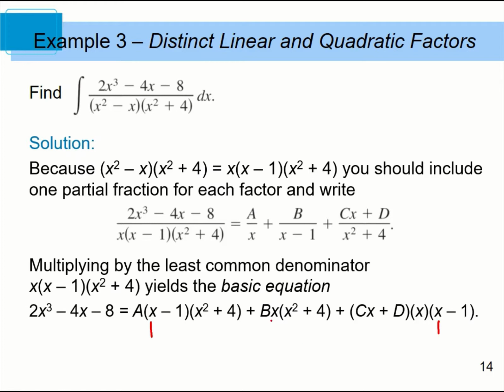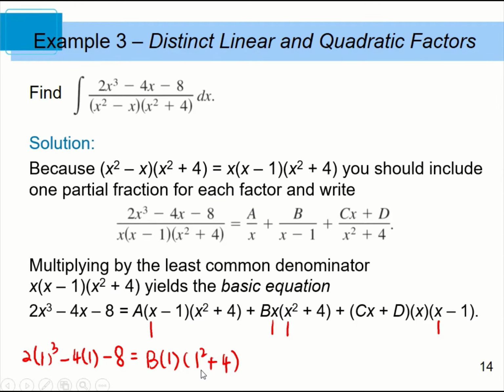The second term here, when the x is 1, does not affect it. So we can let the x be 1 to find the B. On the left-hand side here, now we have 2 times 1 to the power of 3 minus 4 times 1 minus 8. Here we have B, 1 squared plus 4.